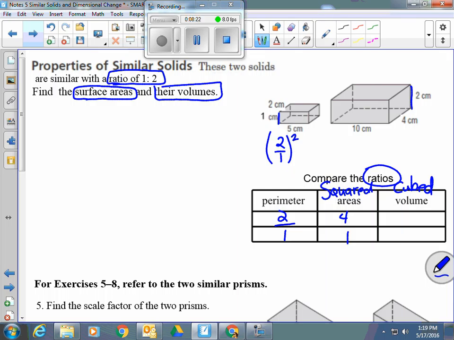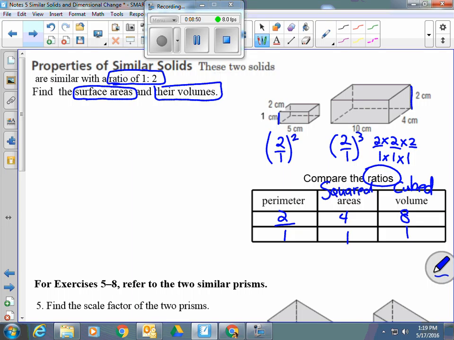And then you said that my volume is cubed, so I'm going to use my perimeter ratio, and now I'm going to cube it. What that means is 2 times 2 times 2. Well, what's 2 times 2? 4. 4 times 2 is 8. And then down here is 1 times 1 times 1, which is 1. So my volume is going to change by 8 times bigger, because it's cubed.